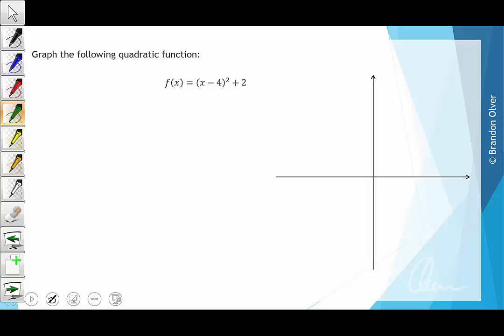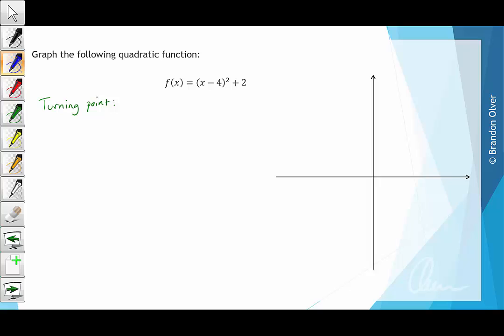In this video, we're going to graph the quadratic function f(x) = (x - 4)² + 2. So the first thing we can work out for this is the turning point, and that's because it's already in the turning point form.